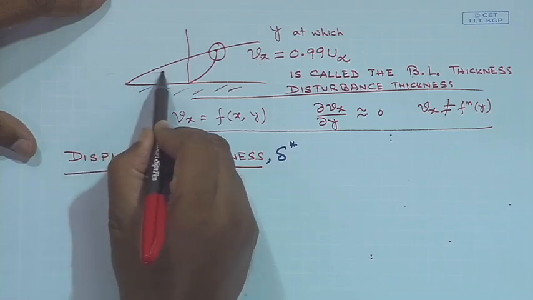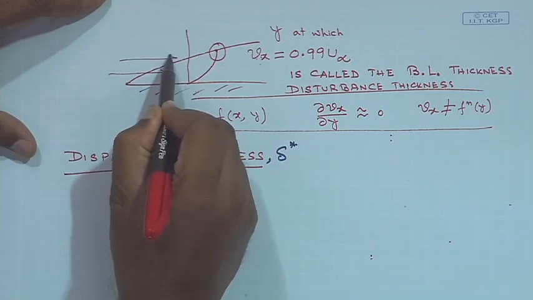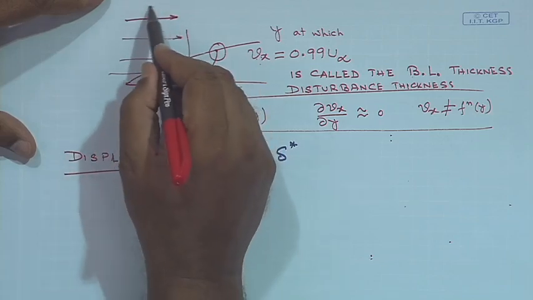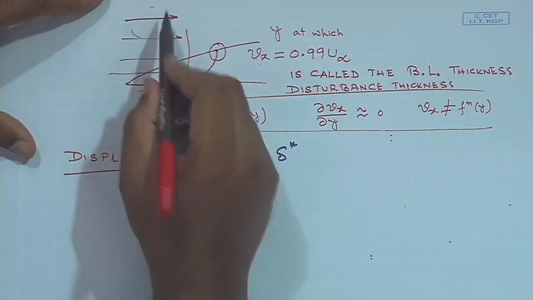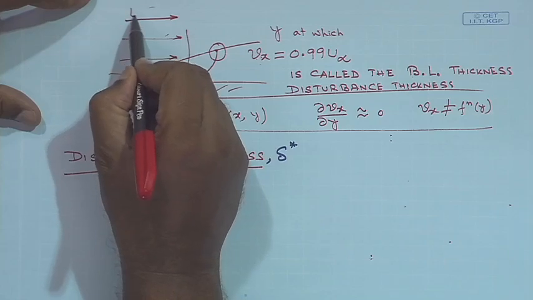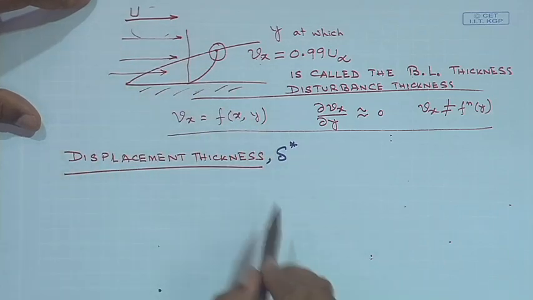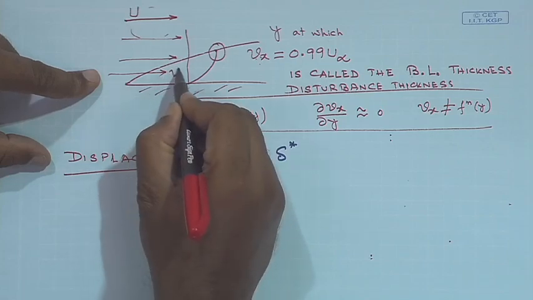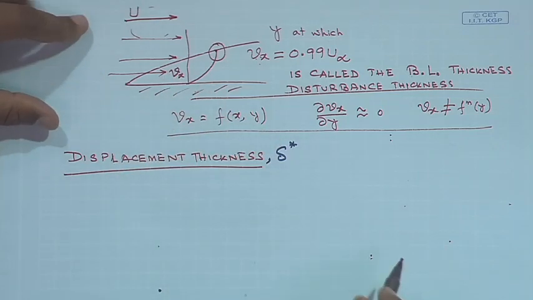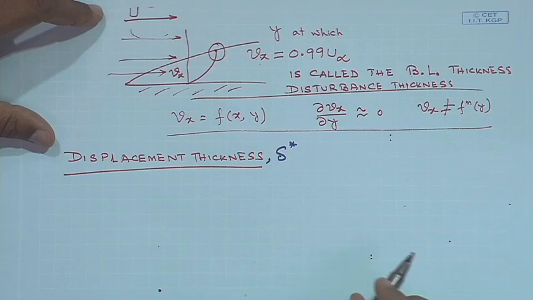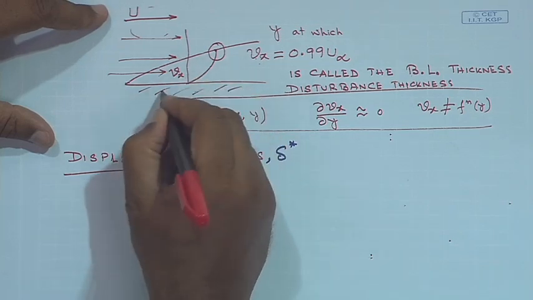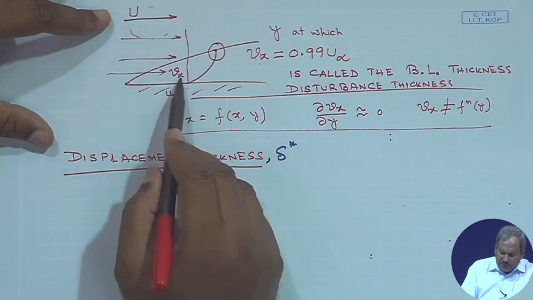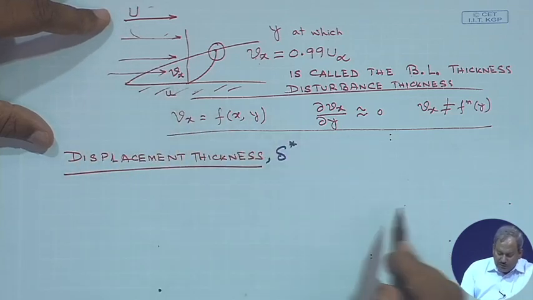When I have flow in this region, the mass flow where the velocity is moving with the free stream velocity is going to be more as compared to this case where the fluid is moving with Vx, or in some cases also denoted by small u. So, Vx is the x component of velocity, which is also denoted by u.